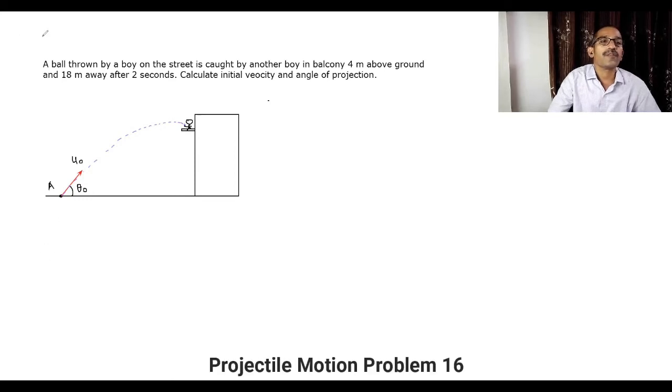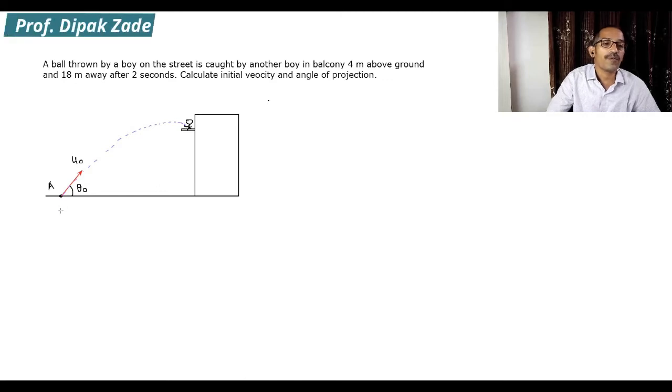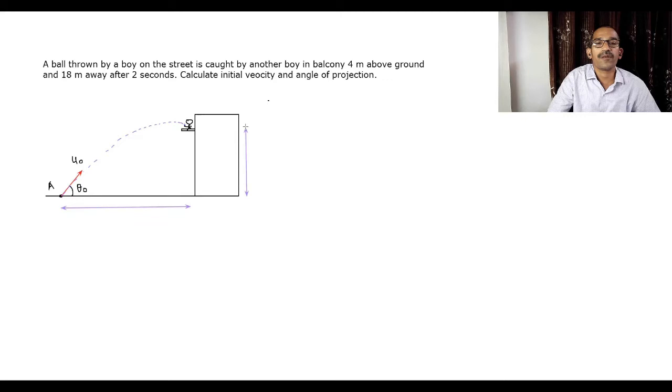Now some distances are given. We'll represent the horizontal distance of this boy from the building, and the height of this location from the ground. The height is given as 4 meter above ground, and the horizontal distance is given as 18 meter.